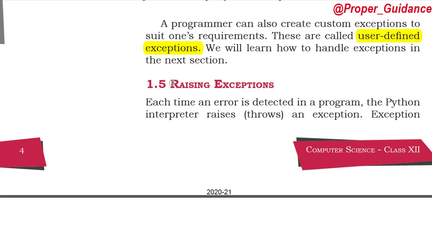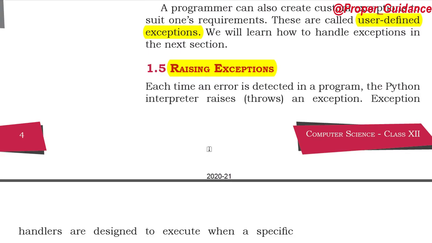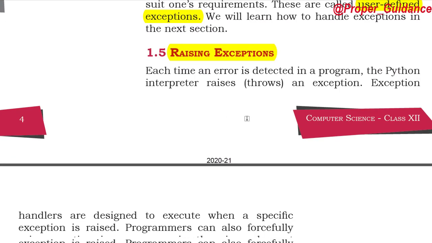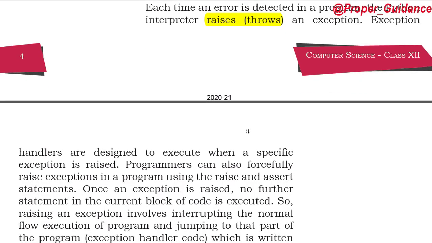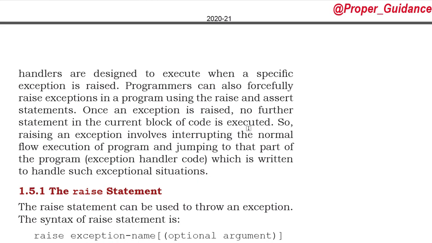And this is the next topic, raising exceptions. How to raise an exception in your program. Each time an error is detected in a program, the Python interpreter raises or throws an exception. These two words are used here. Exception handlers are designed to execute when a specific exception is raised.